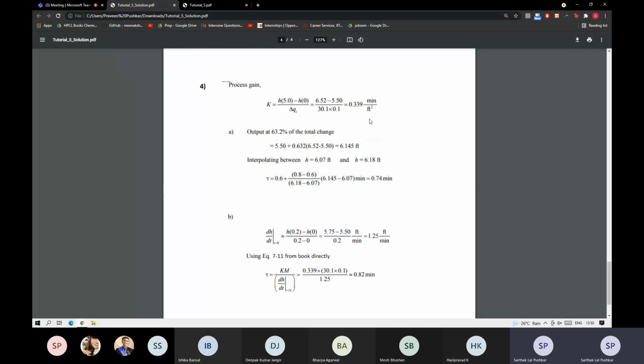We use this and we get the steady state gain. So any questions here? Anyone? Any questions?